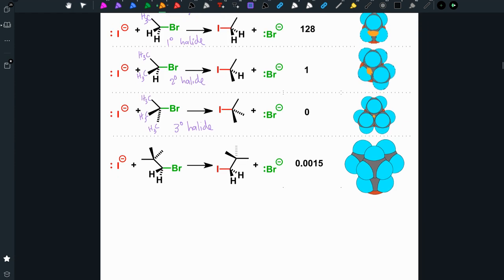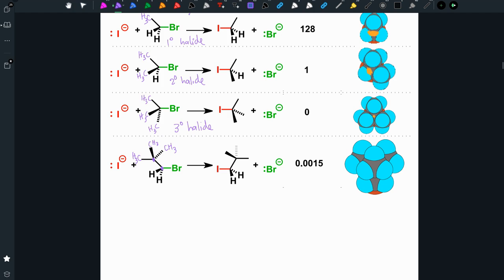Same thing is true if we have lots of carbons branching out at a neighboring carbon. So notice in this bottom case, I have lots of carbons branching from the neighboring carbon. This is often referred to as beta branching.